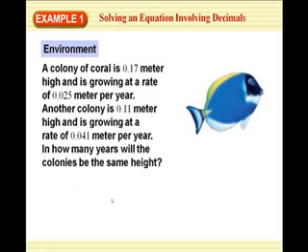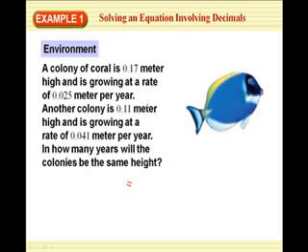So let's see what we got going here. A colony of coral is 0.7 meters high and is growing at a rate of 0.25 meters per year. Another colony is 11 hundredths meter high and is growing at a rate of 41 thousandths meter per year. How many years will the colonies be the same height? So they want to know, when are they going to be equal?